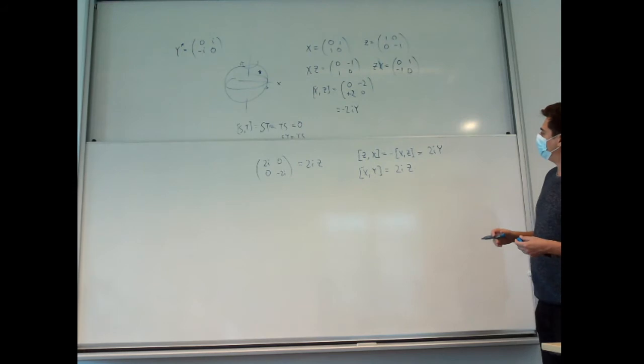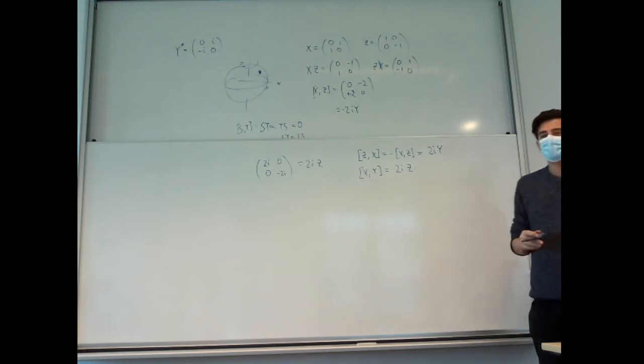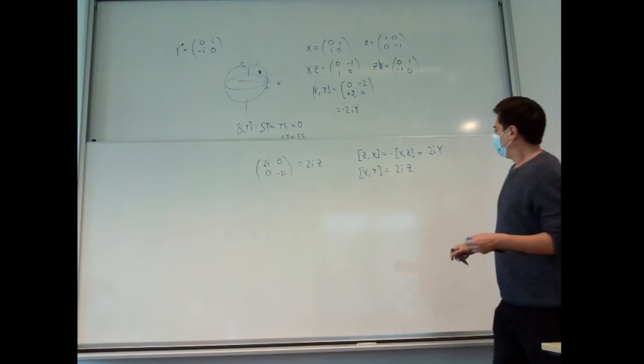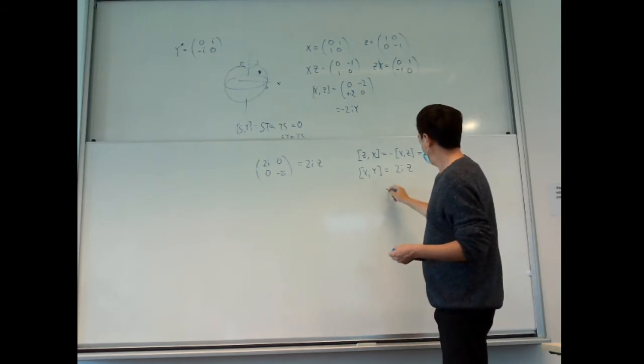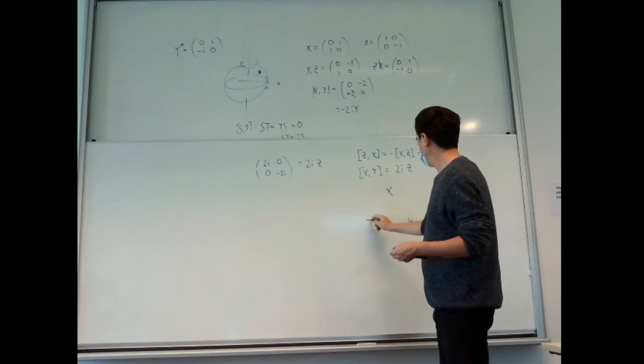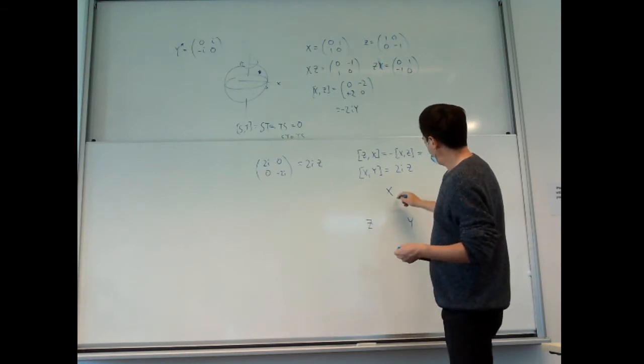So you might almost be able to guess the rule here. The way that these commutators work is that you've got x, y, z.